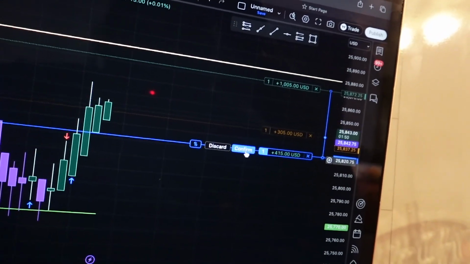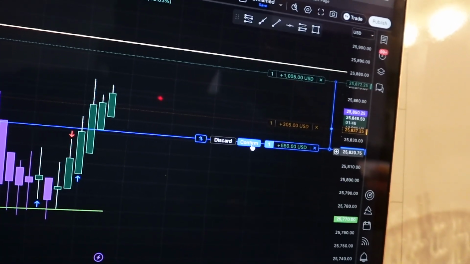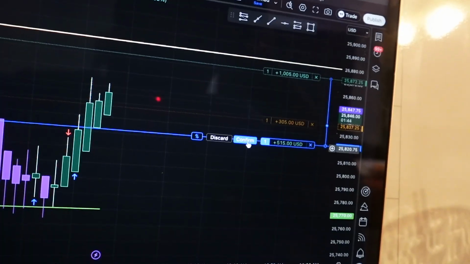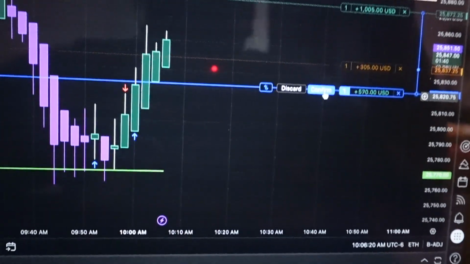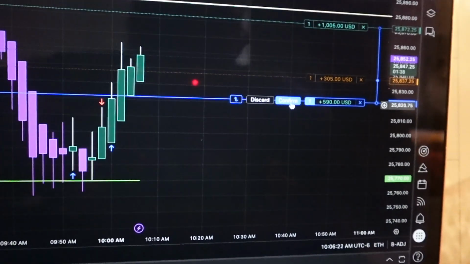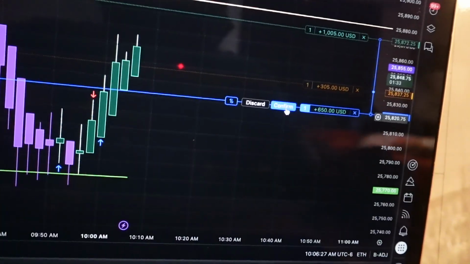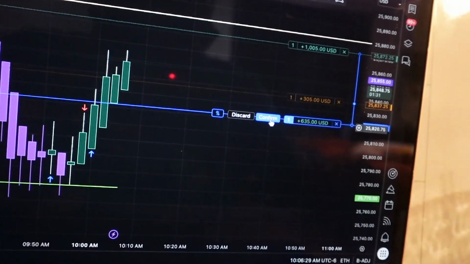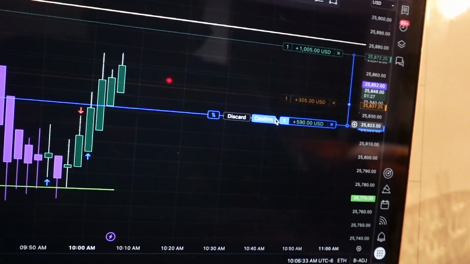I wanted to set my stop loss at 305, but you gotta get a push. Remember, the market is not your friend. The trend is your friend, but the market is not your friend. The market does not know you. The market don't care what you close out at. So we had 630. If I push up to 7, I'm gonna take some profit.